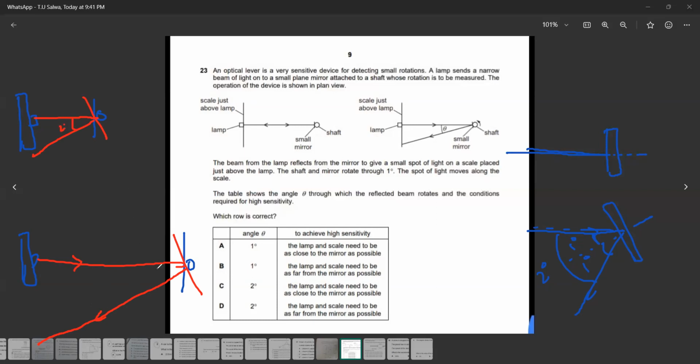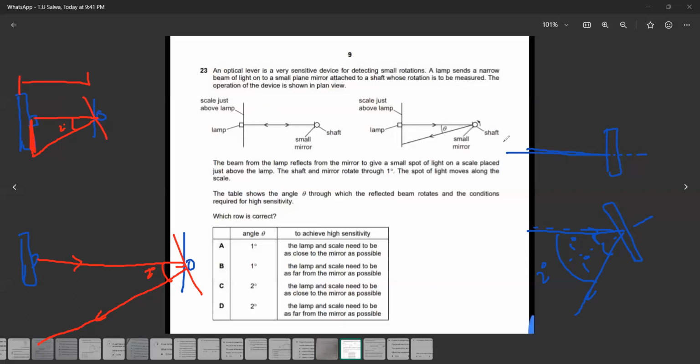This is 2 degrees, and this is also 2 degrees. But if the mirror on the shaft and the lamp are closer to each other, the spacing between the spots will be smaller. When they are far from each other, the spacing between them will be more. When the spacing is more, the sensitivity will be higher.